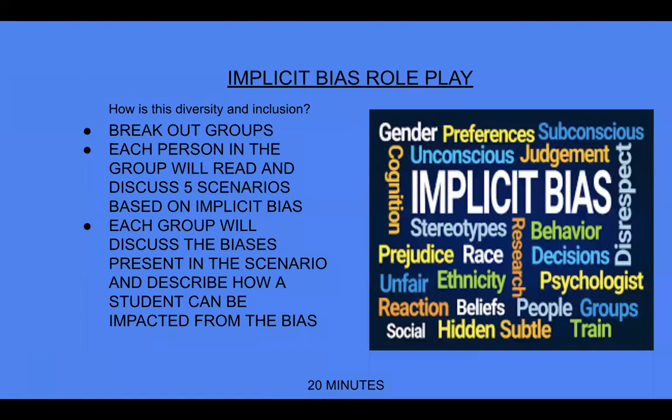Each group will discuss the biases present in the scenario and describe how a student is impacted by those biases. If we look at all 3 of the different activities that we're doing, the questions of cell phones, this question of societal norms, and the bias role play, we can see how all 3 are interconnected with diversity and inclusion.